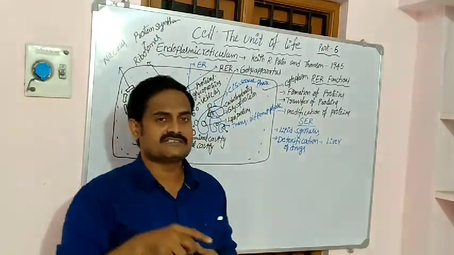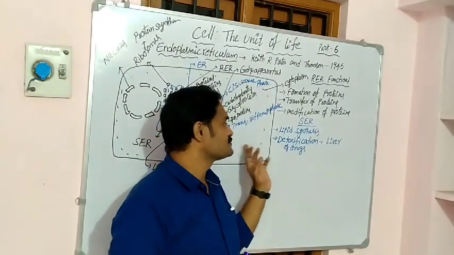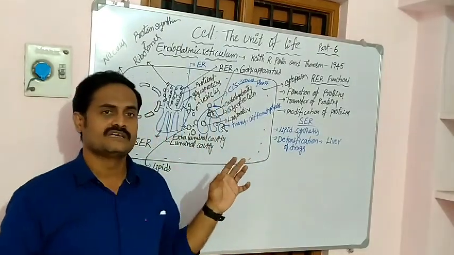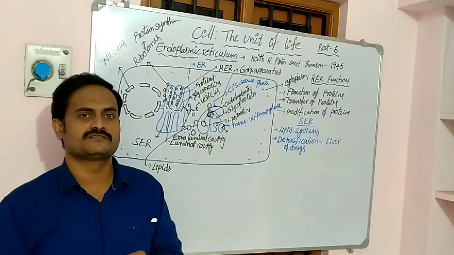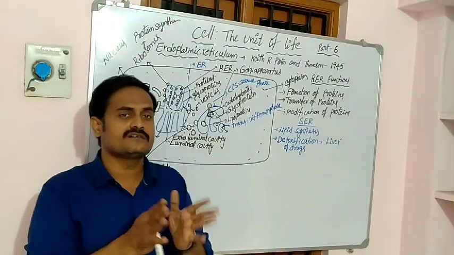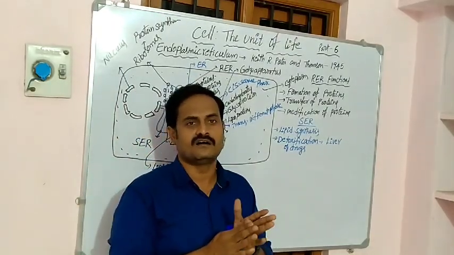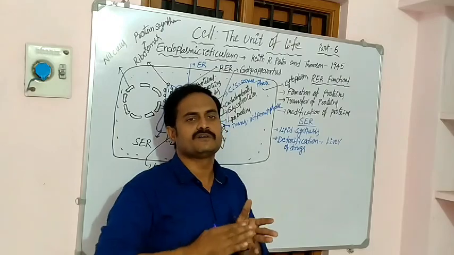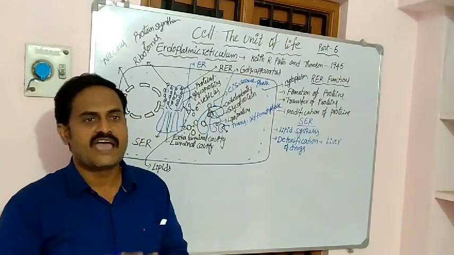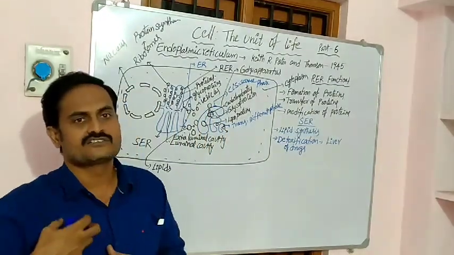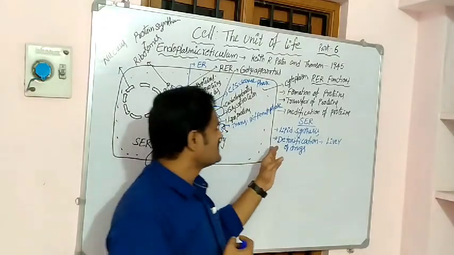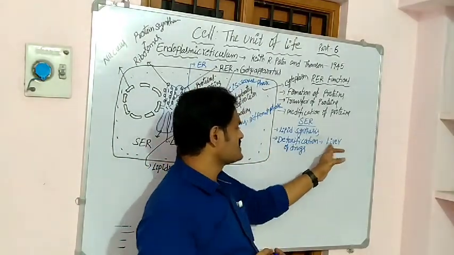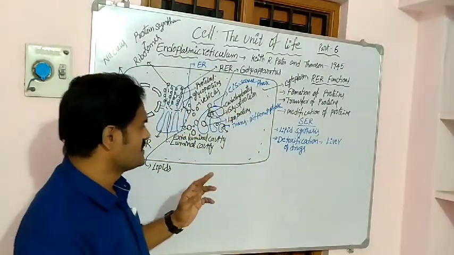The liver cell consists of smooth endoplasmic reticulum. The smooth endoplasmic reticulum detoxifies that alcohol, and it is eliminated from our body as urine. Like that, detoxification also occurs in the liver cells.